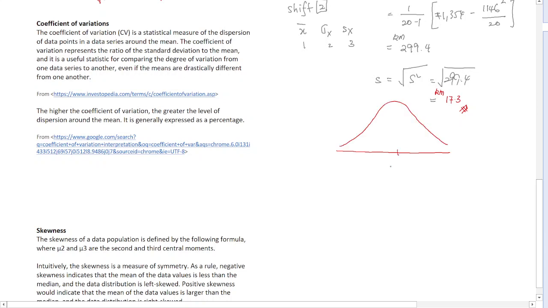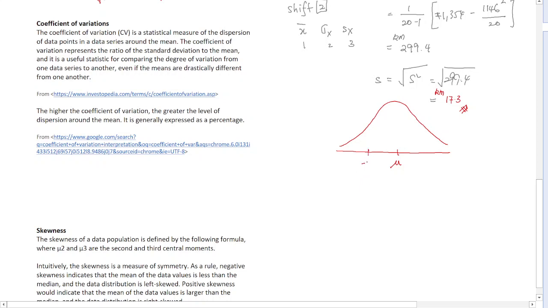So mu is over here. Okay. So when you have the variance or the standard deviation, you can have mu less than 1 standard deviation or greater than 1 standard deviation. Okay. So in this situation, let's say 1 standard deviation over here.